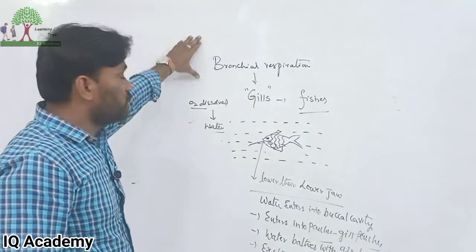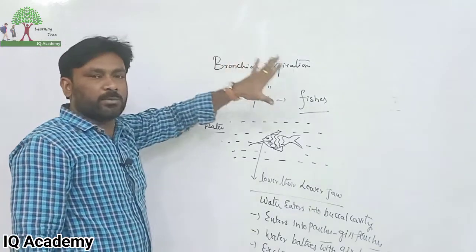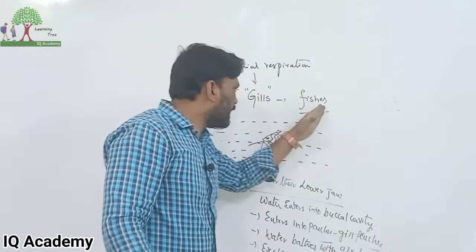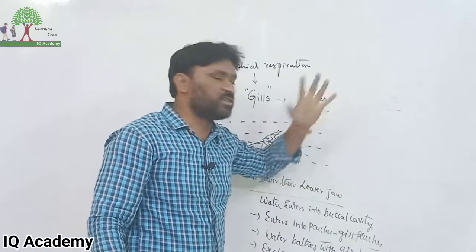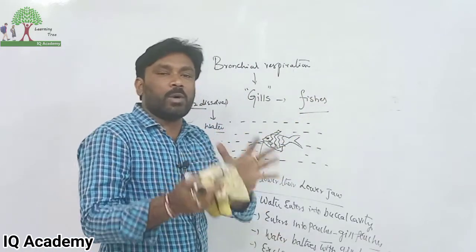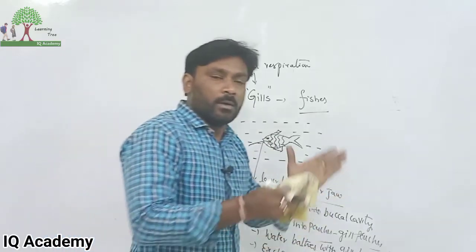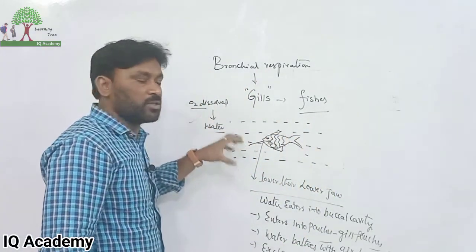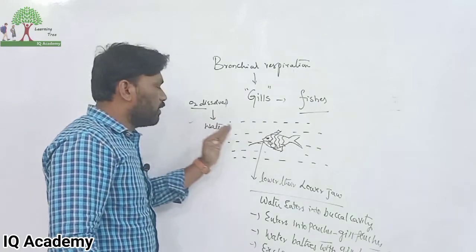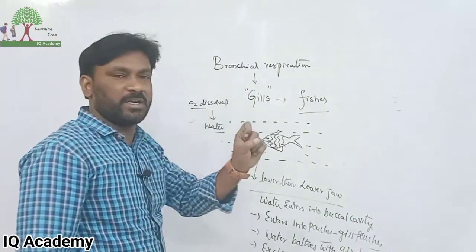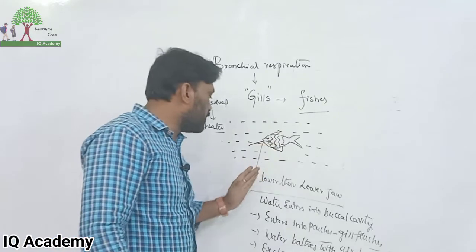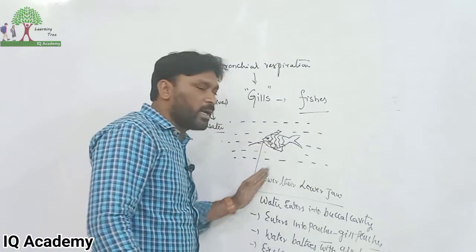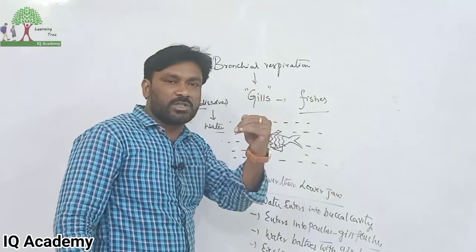Branchial respiration means respiration through gills. Best example, fishes. The fish always stays in water. As the water consists of dissolved oxygen, whenever the fish wants to respire, it opens its mouth. When it opens its mouth, the lower jaw comes downward.